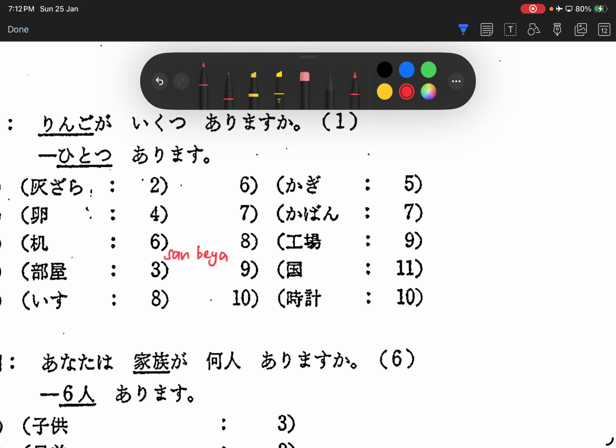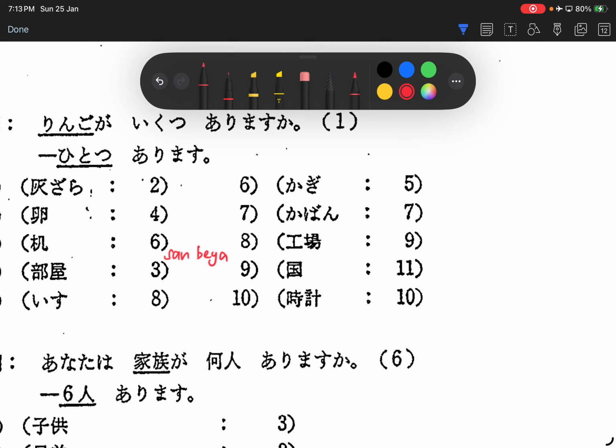So for countries, we don't have a specific counter for it. It will be very similar to the month. So instead of saying like there's no counter like 字 for it. So for countries, it's actually 11カ国.